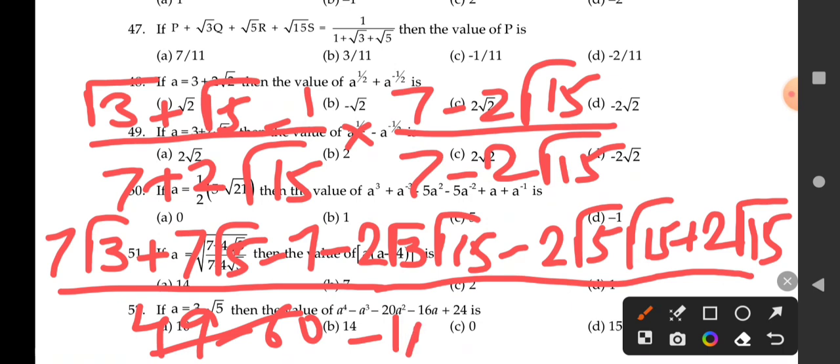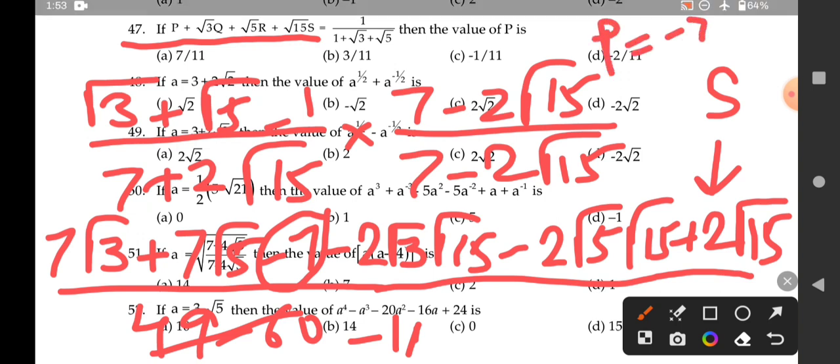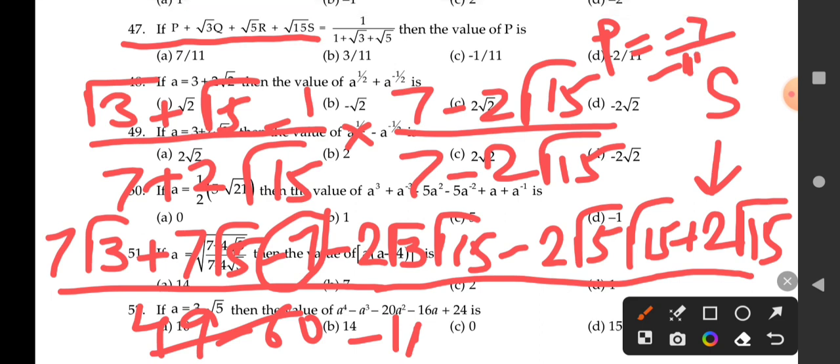Now in the above numerator you have to fill this PQRS with the constant. So root 15 here, so this 2 becomes S, okay. Now the only constant is minus 7, so we already got our answer, minus 7 divided by minus 11. So P is equal to minus 7 divided by minus 11, which is equal to plus 7 by 11. Option number A.